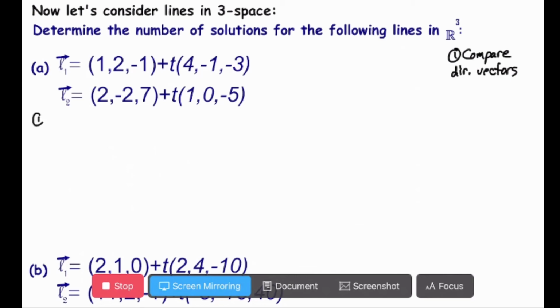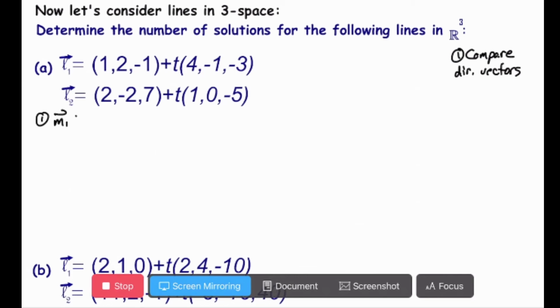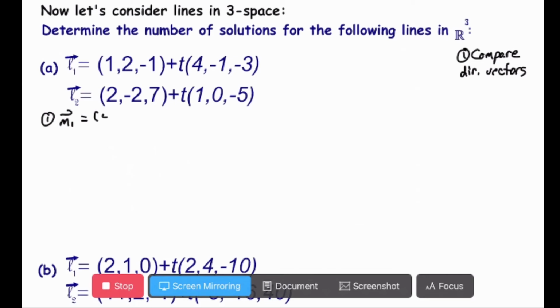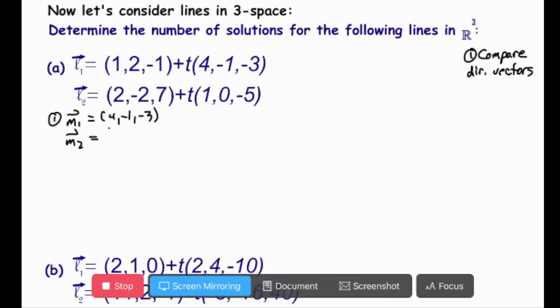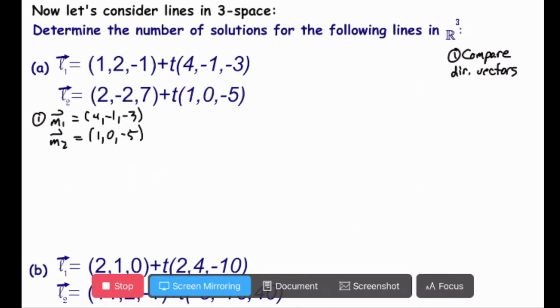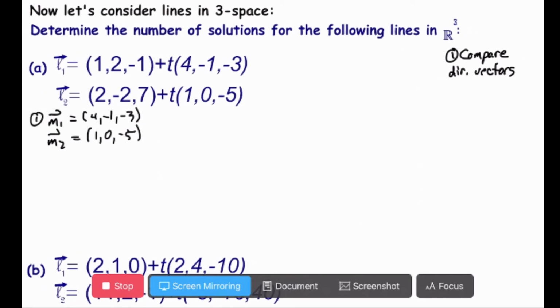So let's do that here. My direction vector for line 1 is (4, -1, -3), and my direction vector for line 2 is going to be (1, 0, -5). Let's see if they are scalar multiples of each other.